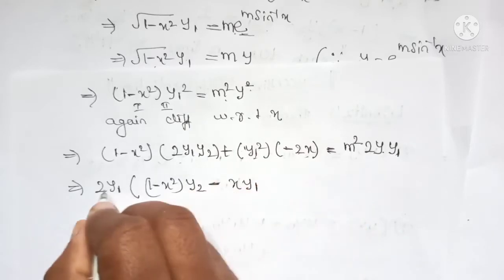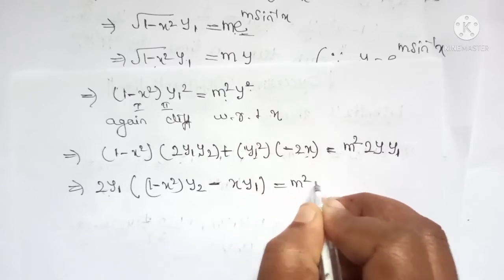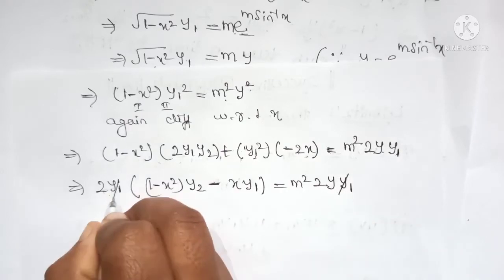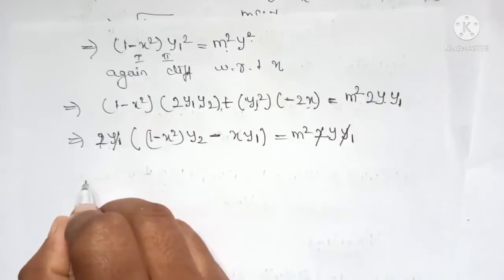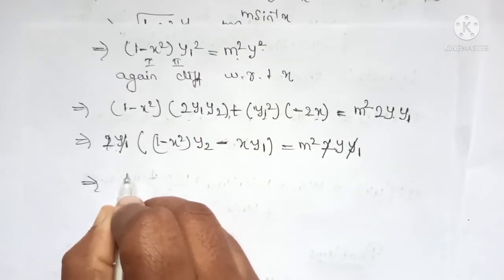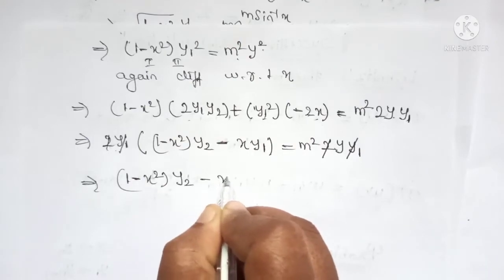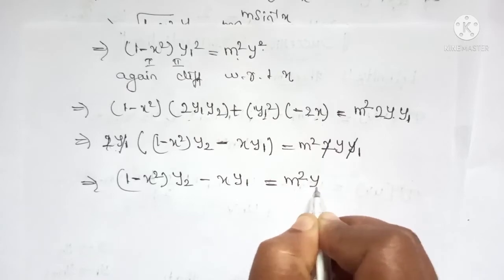Okay, we have taken one term outside. We get m square, this 2y into y1 as it is, y1 gets cancelled, this 2 also gets cancelled, and we get (1 minus x square) into y2 minus x into y1 equals m square into y.